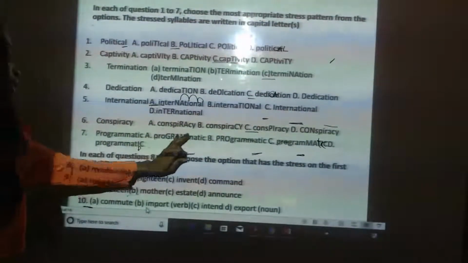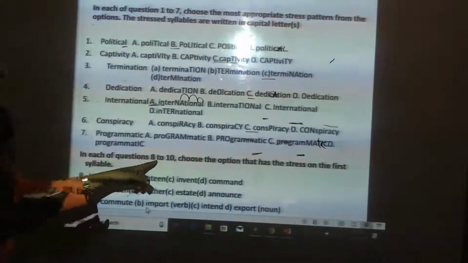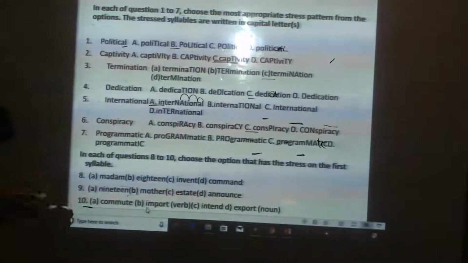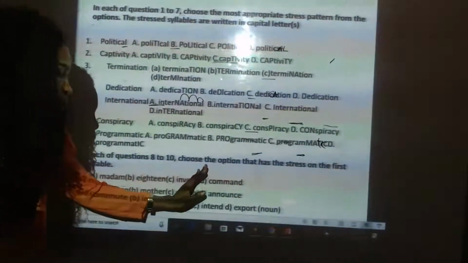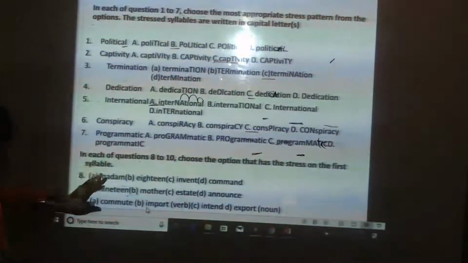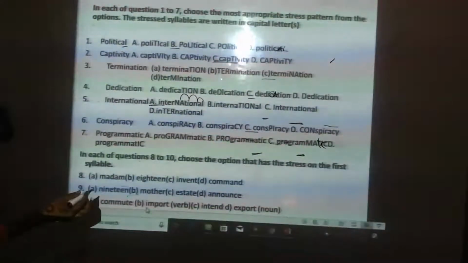Now, this next instruction says, in each of the questions 8 to 10, choose the option that has stress on the first syllable. You are being given different options, and you are asked to choose the one that bears the stress at the first syllable. Now let's look at these words.